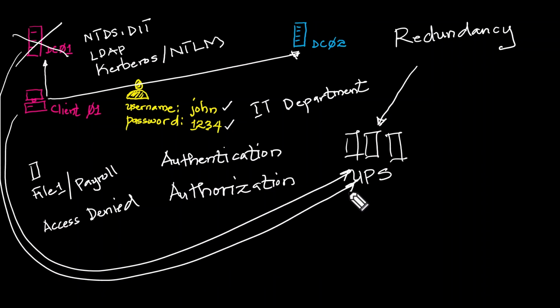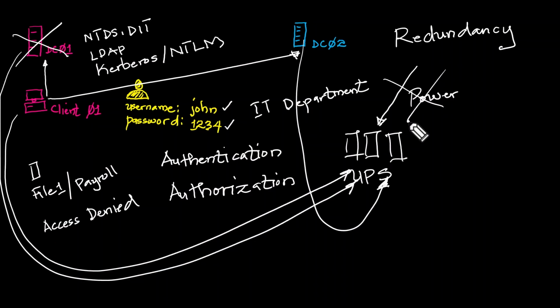So the power, as it's passing through the UPS going to all of the devices to power them on, the batteries in the UPS are getting charged. So when the power goes down, all of these devices will stay on, because they will start to function off the battery from the UPS.